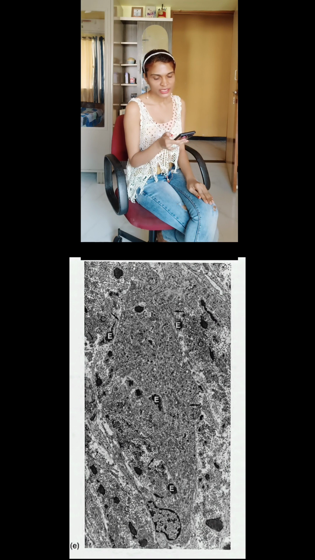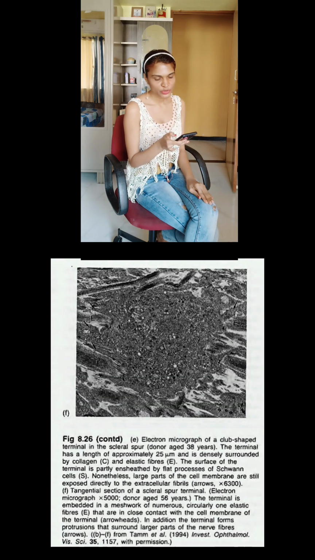The terminal has a length of approximately 25 micrometers and is densely surrounded by collagen (C) and elastic fibers (E). The surface of the terminal is partly ensheathed by flat processes of Schwann cells (S). Nonetheless, large parts of the cell membrane are still exposed directly to the extracellular fibrils (arrows), 6,300 times.